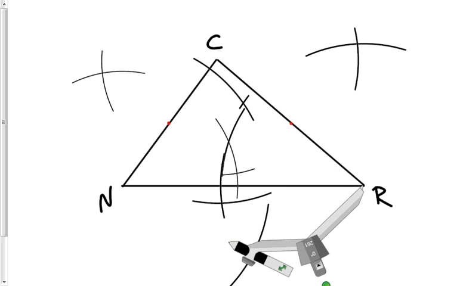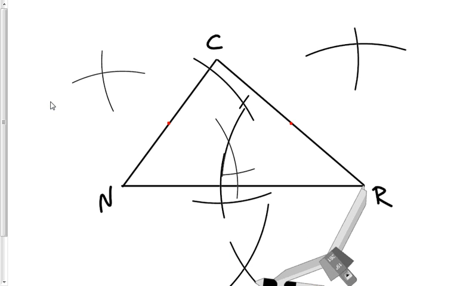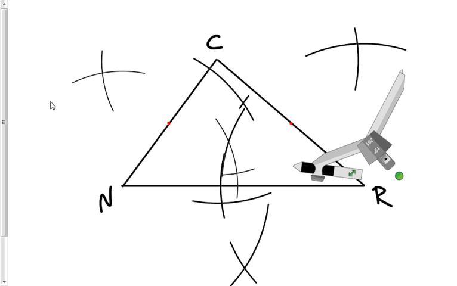I'm going off the page, but it's going to work out right here. There we go. So there's the perpendicular bisector. Move this over a little bit. There we go, perpendicular bisector of NR. So there's my midpoint right there.